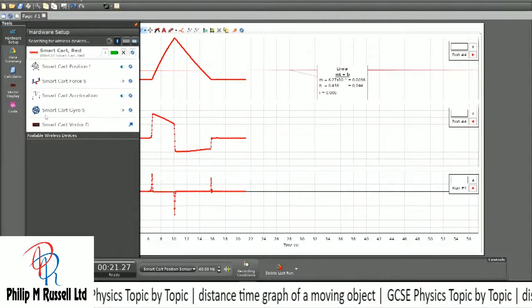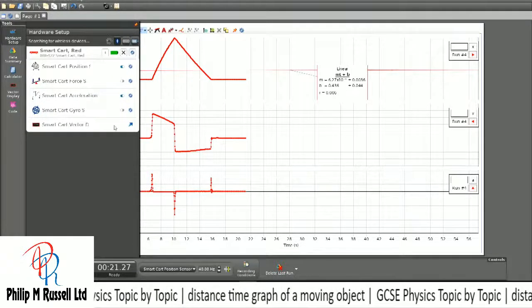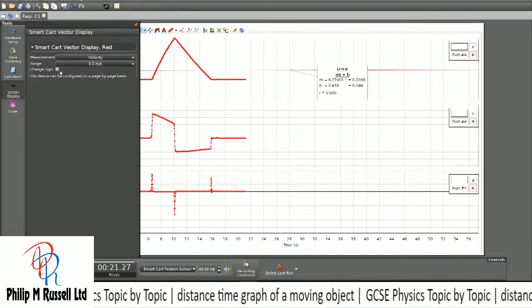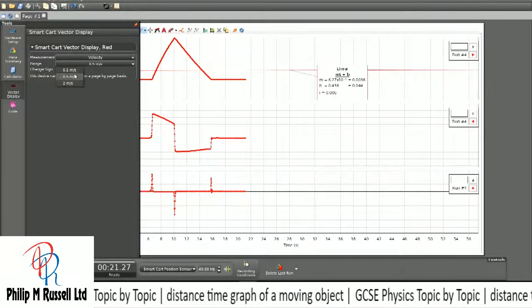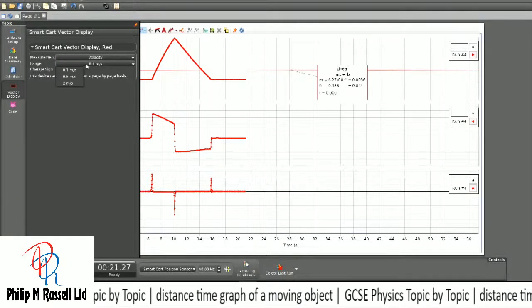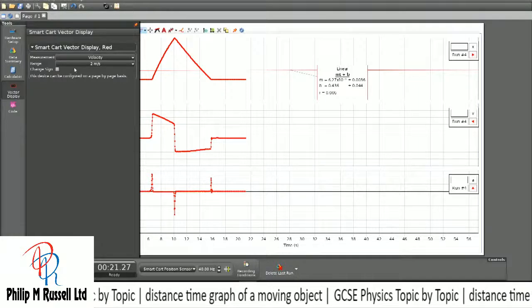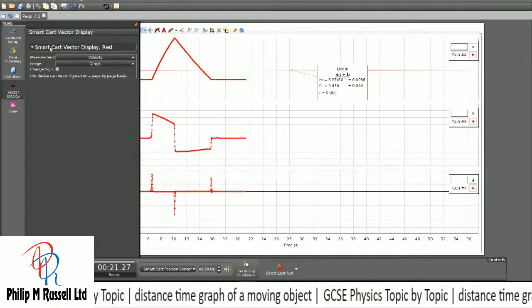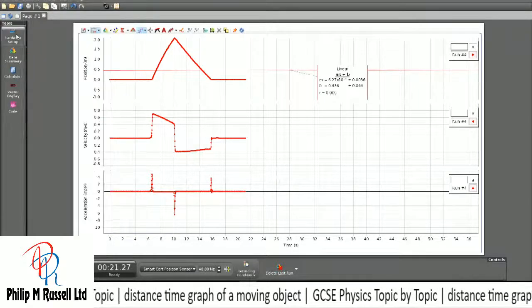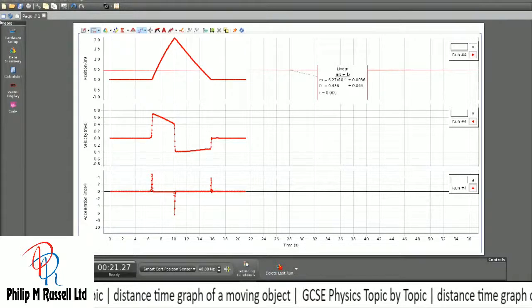So on my vector display I'm going to set this so it can go up to 0.1, but we're going to set it up to 2 meters per second. So that should give us some inkling what's going on.